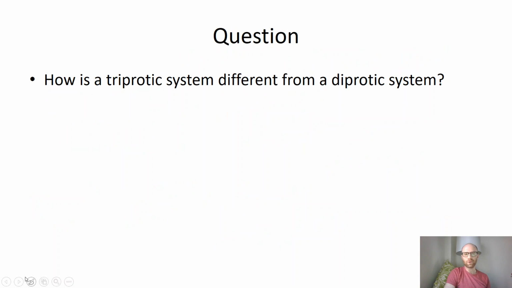So for today, we're going to actually look at an extension of our diprotic systems, a triprotic system. The biggest difference between them is that for your diprotic system, our fully protonated species is H2A, A being just whatever anion is present or whatever rest of the molecule is present. And that, as we deprotonate, would create an HA minus species, which could then further deprotonate to give an A2 minus species.